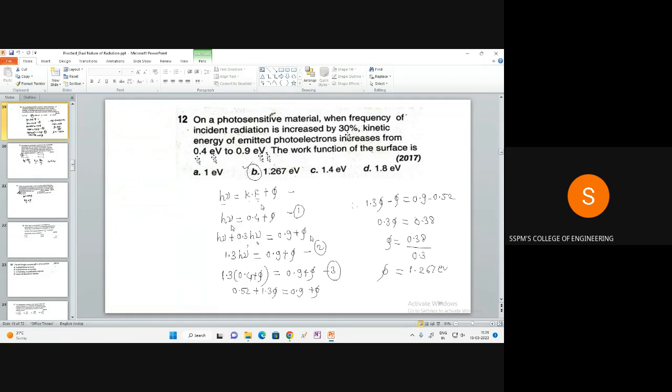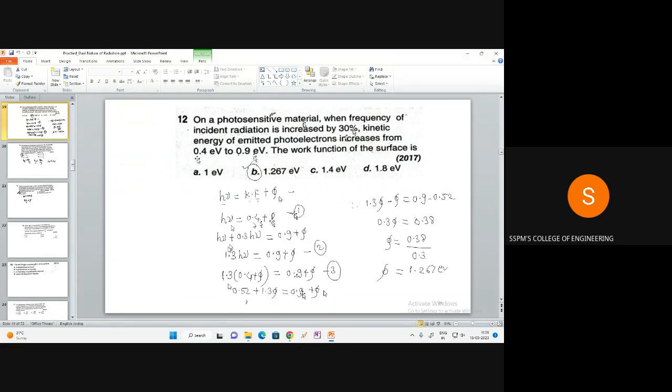And the fundamental equation first, h nu equals to 0.4 plus phi. 1.3 is taken common. For h nu, we have substituted 0.4 plus phi equals to 0.9 plus phi.